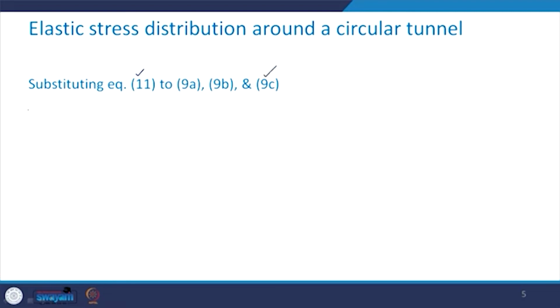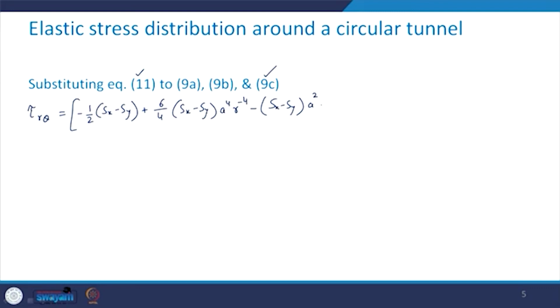Tau r theta is equal to minus half Sx minus Sy plus 6 upon 4 Sx minus Sy a to the power 4 r to the power minus 4 minus Sx minus Sy a square r to the power minus 2, sine of 2 theta.